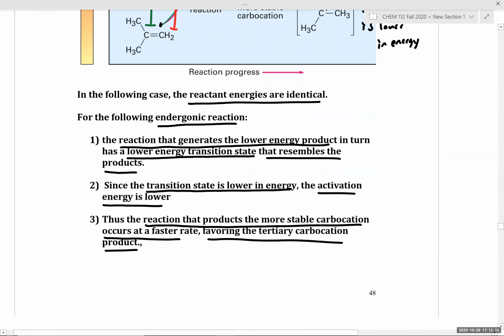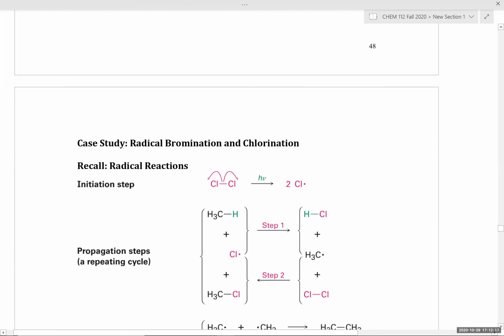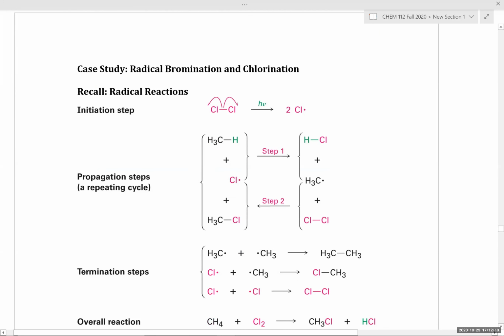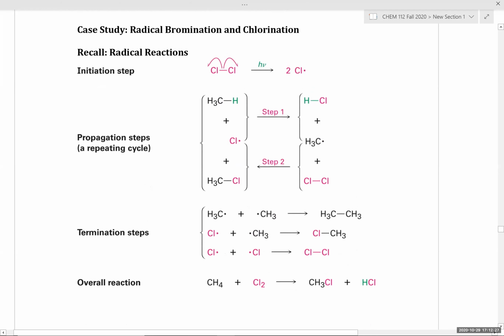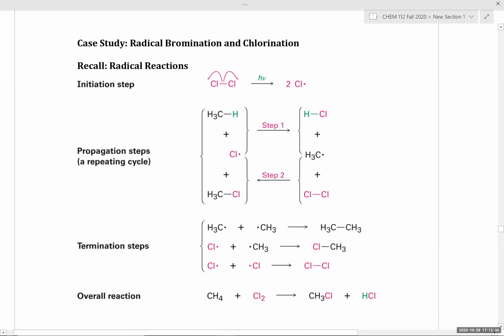Okay, so let's keep going now and look at a case study where we're comparing endergonic and exergonic reactions. A classic reaction is radical bromination and radical chlorination.